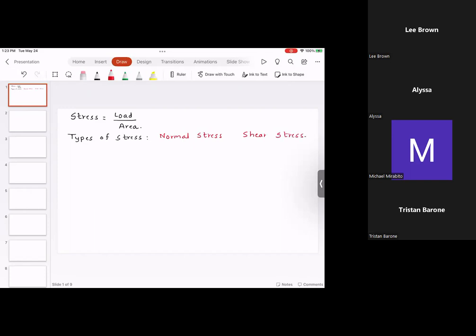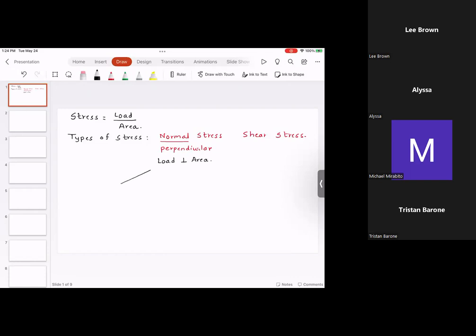Now, what do we mean by normal stress? The word normal means perpendicular. So what that means is the load is perpendicular to area.